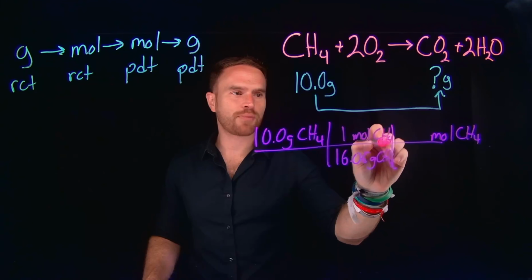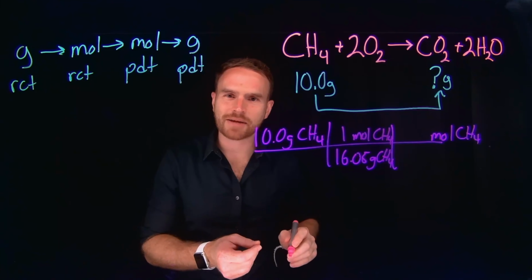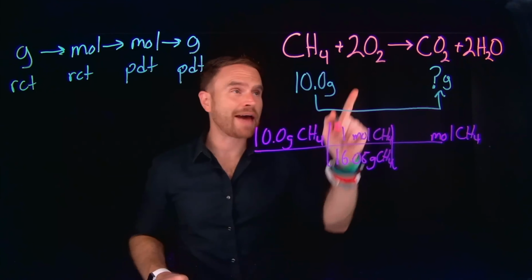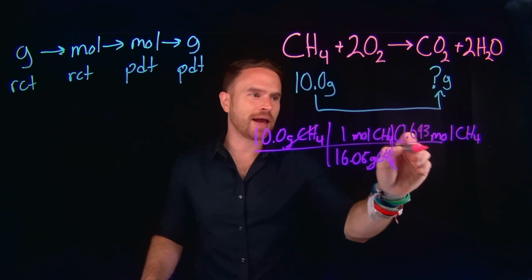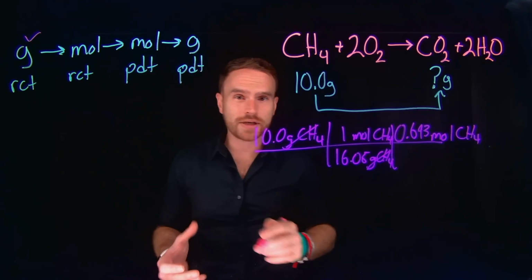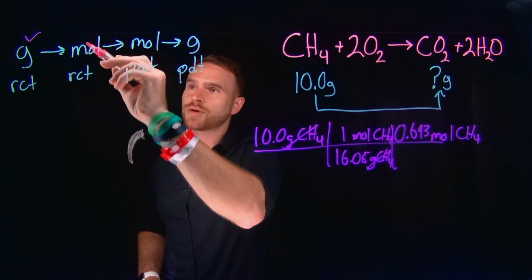And again, if you need practice figuring out the molar mass of a substance, I have a video here that you can check out. And once you perform this calculation, grams of CH4 will cancel out because they're both in the numerator and the denominator, and this will allow us to perform this calculation where we find that there's 0.693 moles of CH4.